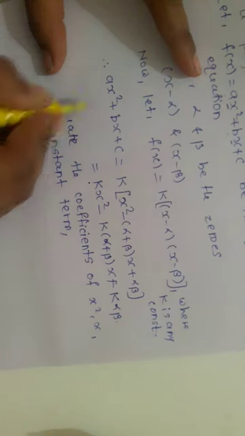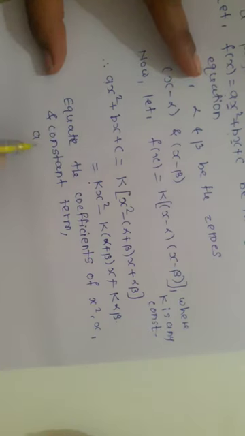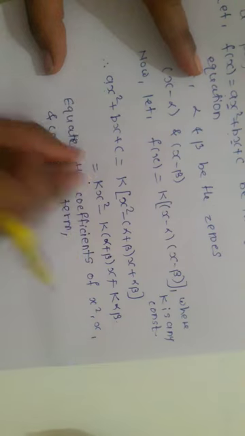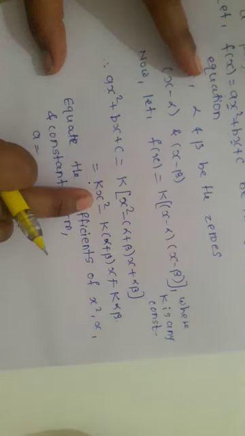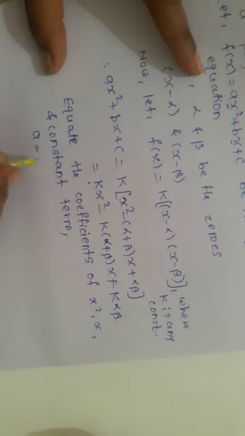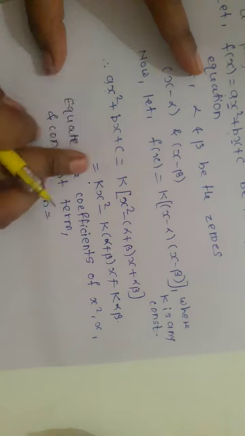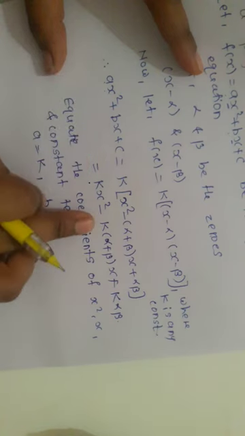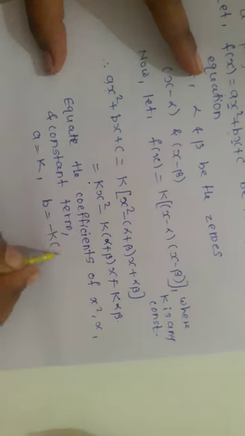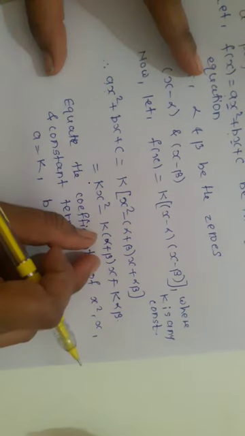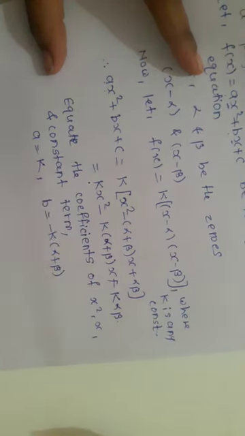See here, the coefficient of x square is a, so a is equal to, on this side, the coefficient of x square, which is k. Again we have to equate the coefficient of x. So b is equal to minus k into alpha plus beta, which is the coefficient of x on the other side.